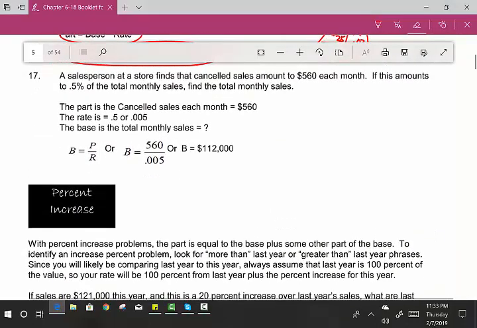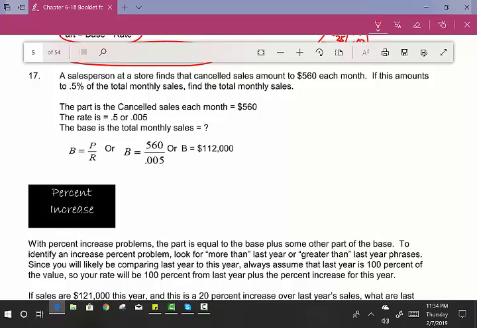Okay, the next one is a salesperson at a store finds that the canceled sales, canceled's misspelled right there, it should have only one L. A salesperson at a store finds that canceled sales amount to $560 each month. If that amount of $560 is 0.5% of the total monthly sales, find the total monthly sales.